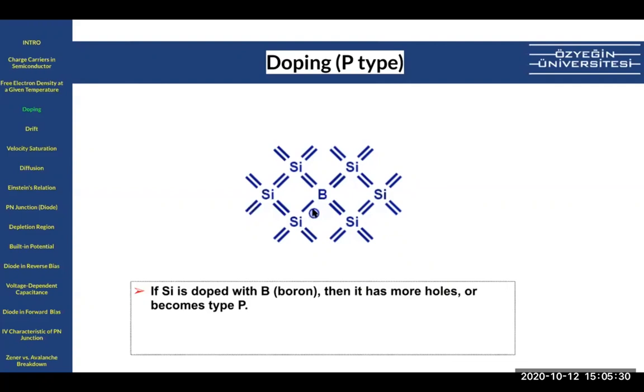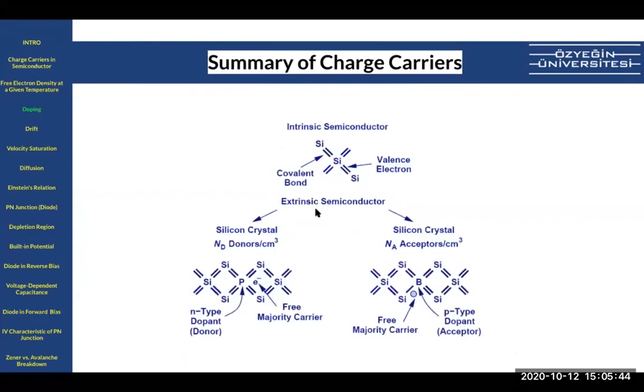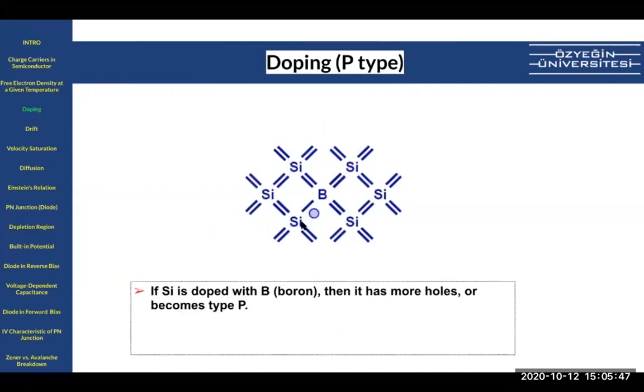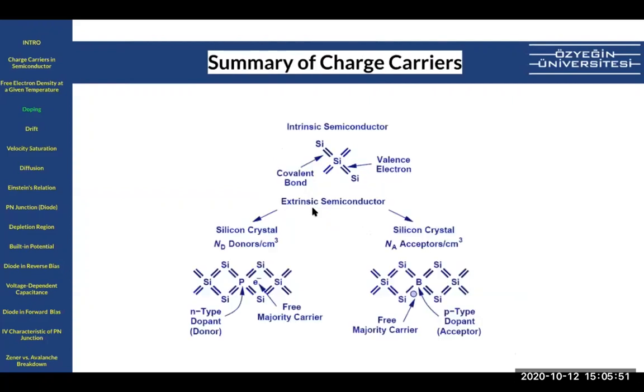But then it cannot bond anymore because there are no more available electrons, but silicon has 1 electron. So that means boron has 1 hole, because when it doesn't have an electron, silicon tries to bond with boron, so it creates a hole.